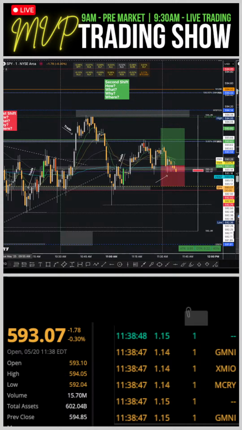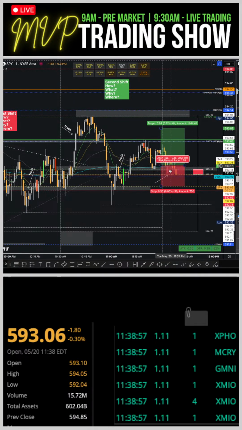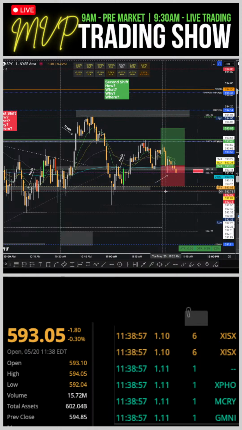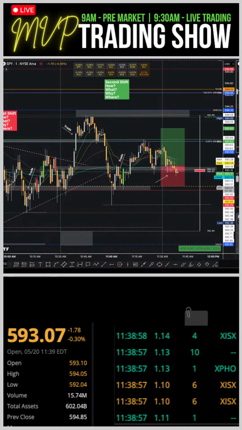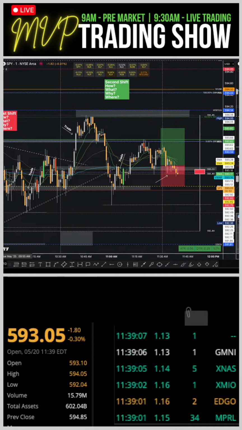Right, 5 minute doesn't look promising, so I might just let that go. So stopped out 2%, stopped out 4%. So one trade idea here. If we can get above that daily open, I can potentially re-entertain it if the VIX continues to dump. If not, I'll let this thing go.